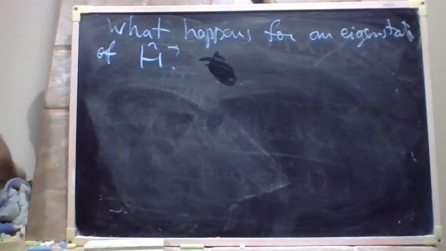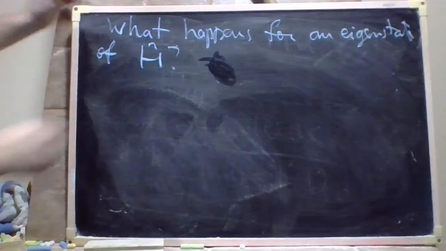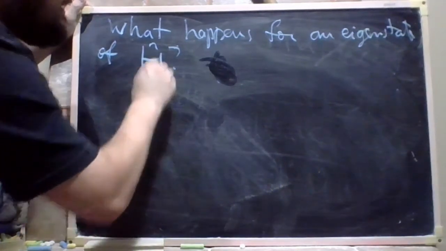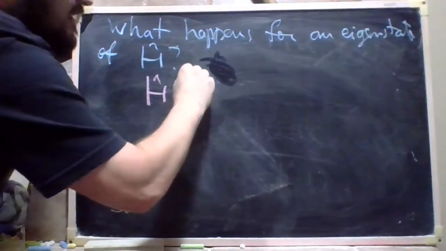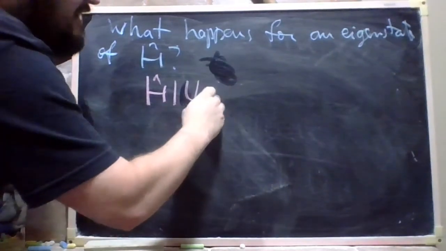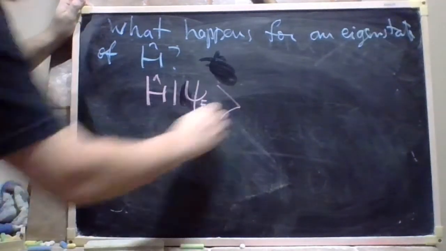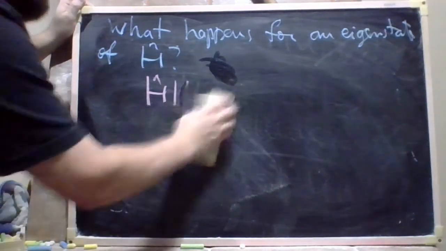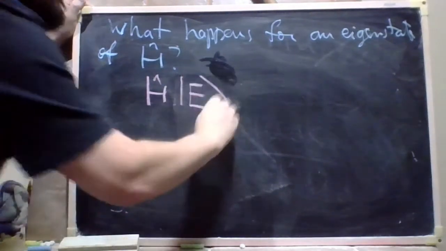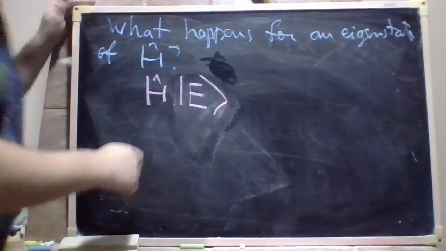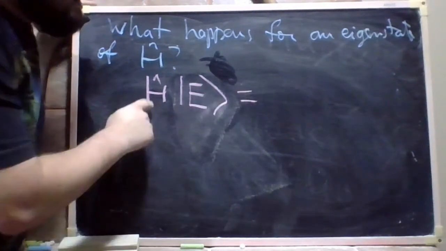So for an eigenstate of the Hamiltonian, if you apply the Hamiltonian to one of its eigenstates, say a psi, which is an eigenstate with energy E, say this state, an eigenstate of energy.